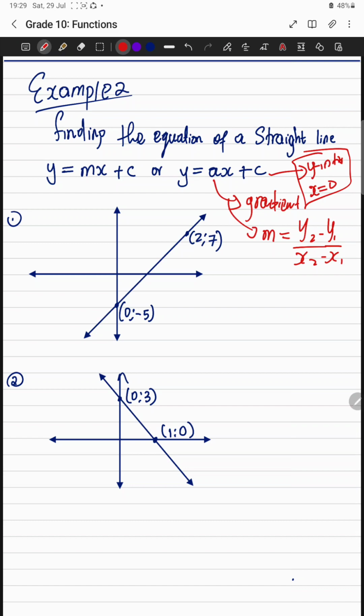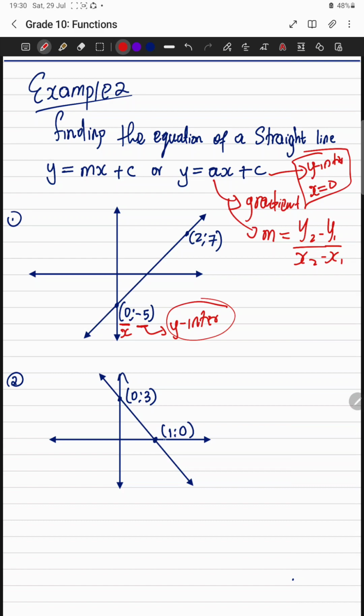So in this graph over here, you can see that this -5 here is the y-intercept. How do I know that? Because the value of x here is 0. So if the value of x is 0, that means this is the y-intercept.